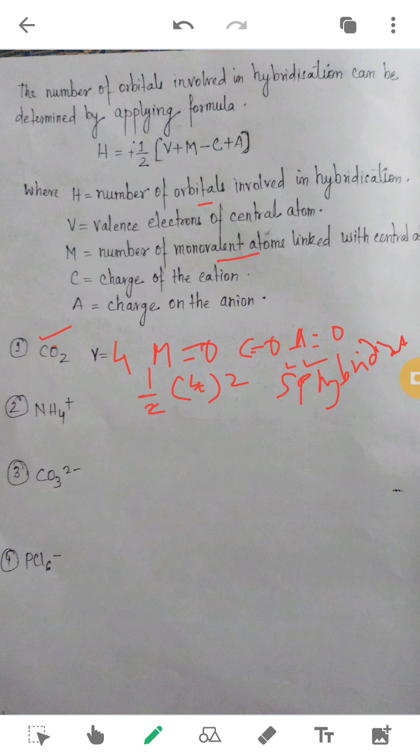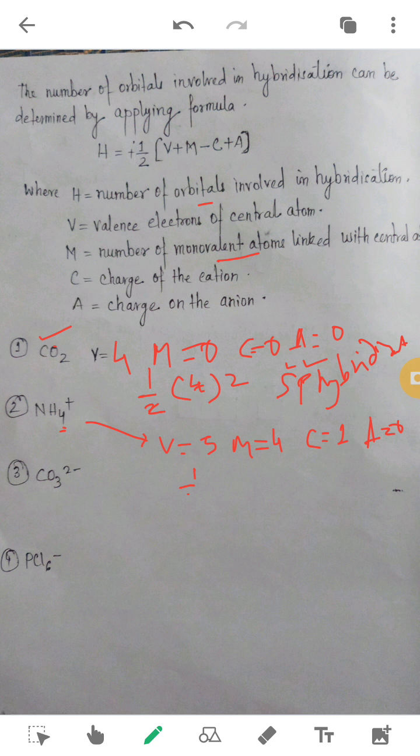Now let us check for NH4 plus. For nitrogen, the valence electrons are 5. M equals the monovalent atoms, and here we can see 4 of them. C: it has a positive 1 charge, so it is 1, and A equals 0, of course.